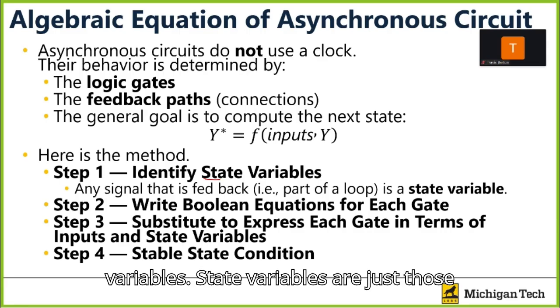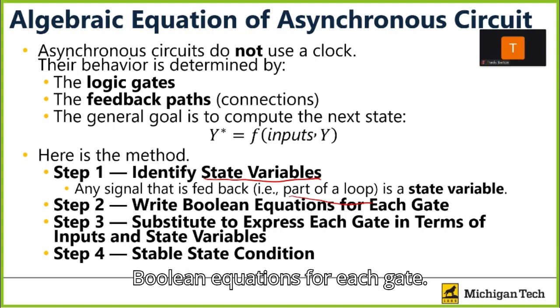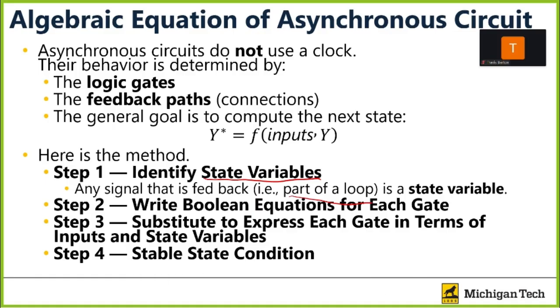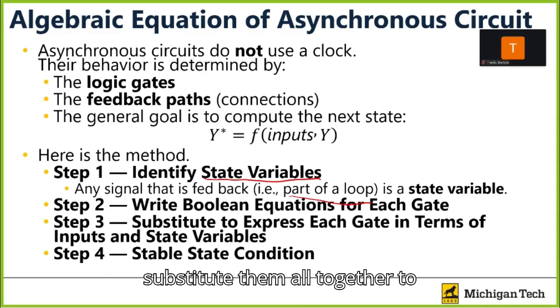The state variables are just those Y's, those loops. Based off those state variables, we can write Boolean equations for each gate, like for those NORs, we can find them all, and then substitute them all together to find Y star.